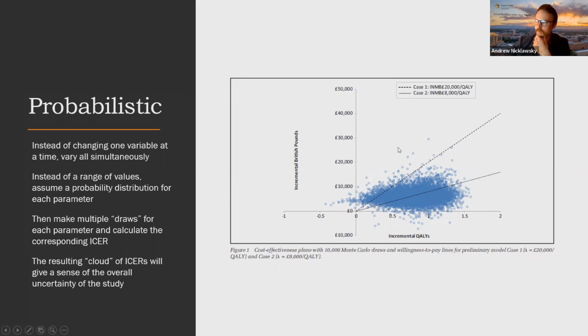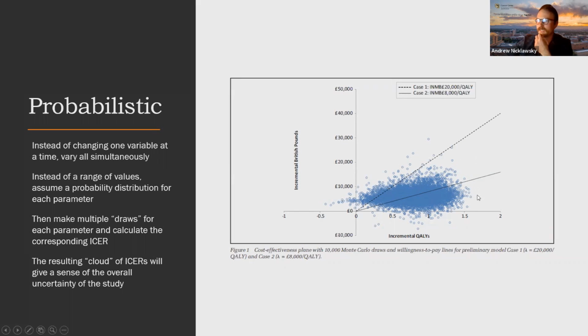And we'll plot those on our cost effectiveness plane. And what we're hoping to see is a group of them in one of these quadrants. Because if we have no discernible grouping and it's all 4 quadrants, then we know there's a lot of uncertainty surrounding our result, because we're not sure whether it's in one of these really easy to determine situations or in one of the ones where we need to use our threshold.